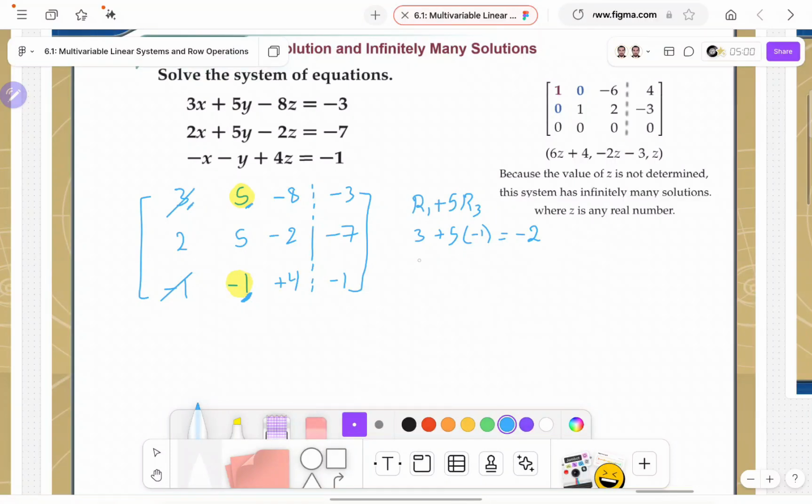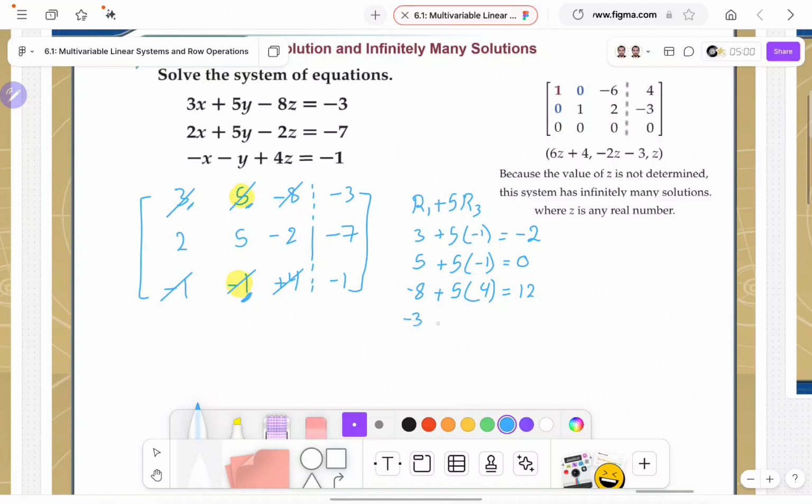Then row 1 is 5 plus 5 times negative 1, so the answer is 0. Then negative 8 plus 5 times row 3, which is 4. So negative 4 times 5 is equal to 20. 20 minus 8 is equal to 12. Okay, so we finish this.